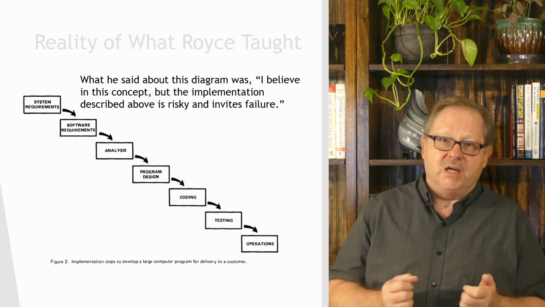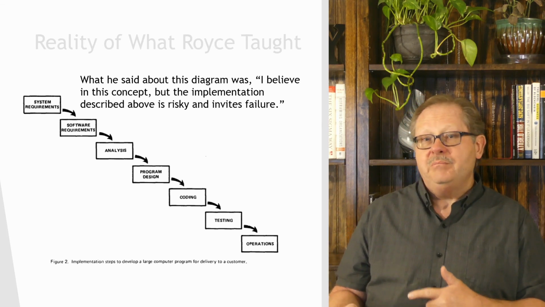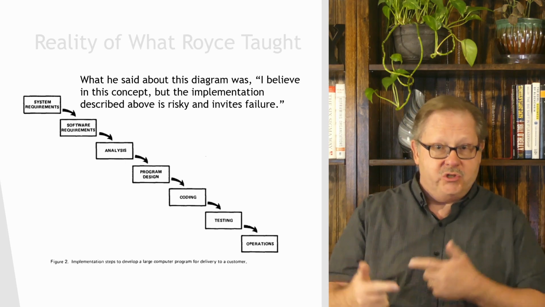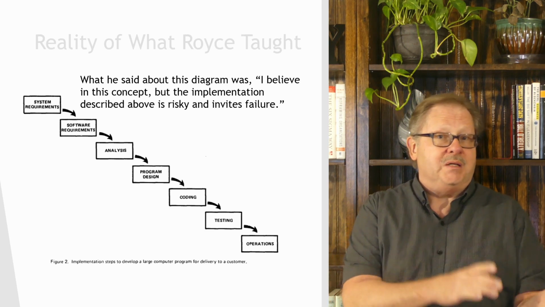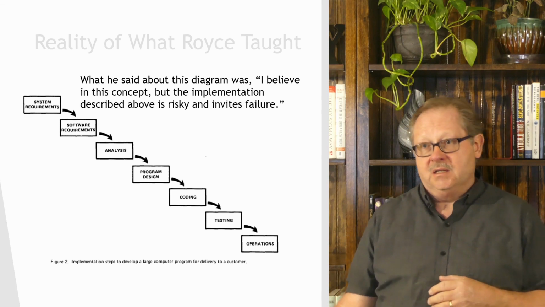In fact, most of the time it is, and when you get to the final product, if you haven't been communicating with the customer all along the way and expecting changes and modifications to those requirements that you understood at the beginning, you probably won't end up hitting the target at the end.